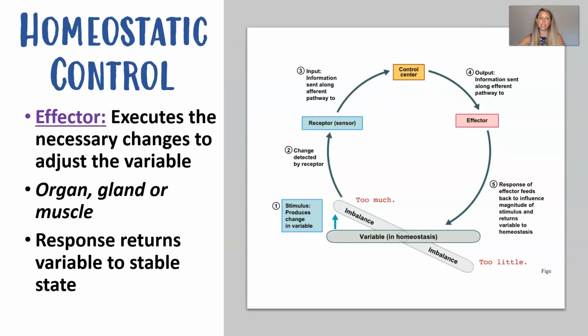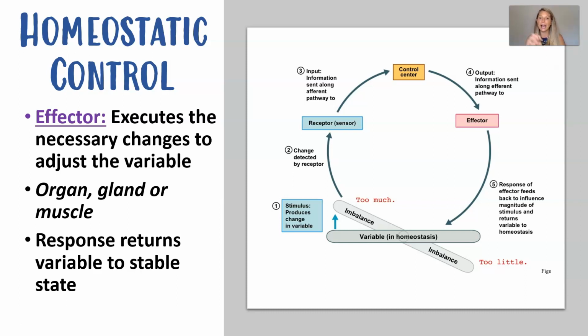Okay, so that brings us to our effectors. The effectors are the part of the homeostatic feedback loop that are actually executing the necessary change. They are the things actually responding to the initial stimulus and bringing, hopefully, the body back into homeostasis. Okay, so it executes the necessary changes in order to adjust the variable. This is going to be an organ, a gland, or a muscle.